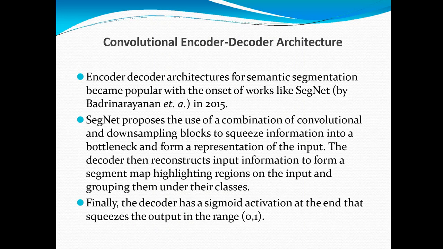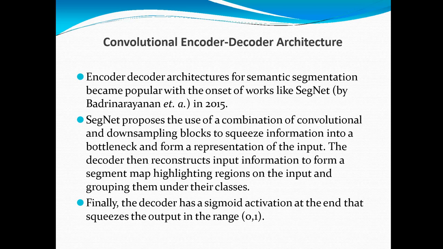Convolutional encoder-decoder architecture. Encoder-decoder architectures for semantic segmentation became popular with the onset of works like SegNet. SegNet proposes the use of a combination of convolutional and downsampling blocks to squeeze information into a bottleneck and form a representation of the input. The decoder then reconstructs input information to form a segment map, highlighting regions on the input and grouping them under their classes.